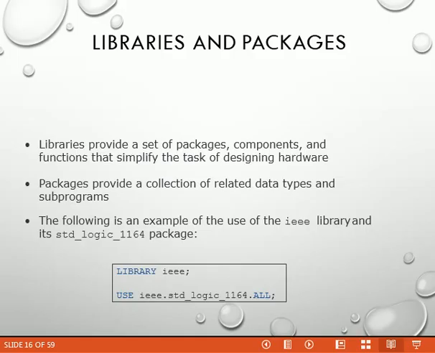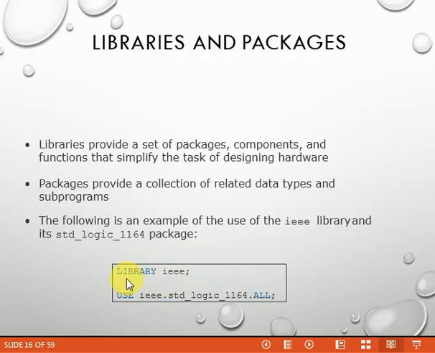Whenever we are defining a library, the syntax uses the keyword library. Now in VHDL, all the keywords, that means all the reserved words present in VHDL programming, are shown in blue color, and user defined words are shown in black color.